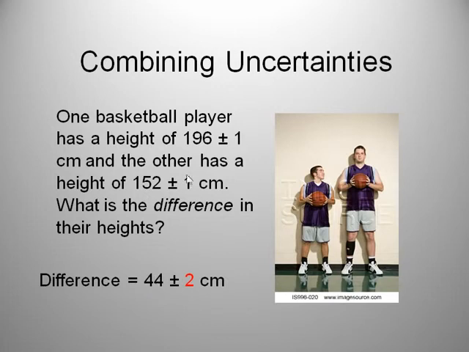But we add the uncertainties, so 1 and 1 gives us 2 centimeters. You can think of it this way: with an uncertainty of 1 centimeter, this guy could really be 197 and this guy could be 151. In that case, the difference would be 46. We could do that the other way too. So I think you can see why we want to add those uncertainties when we're adding and subtracting.